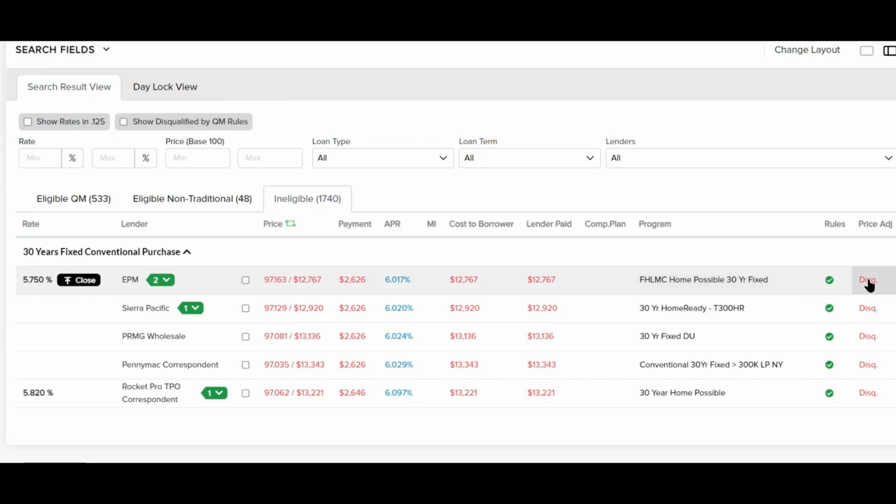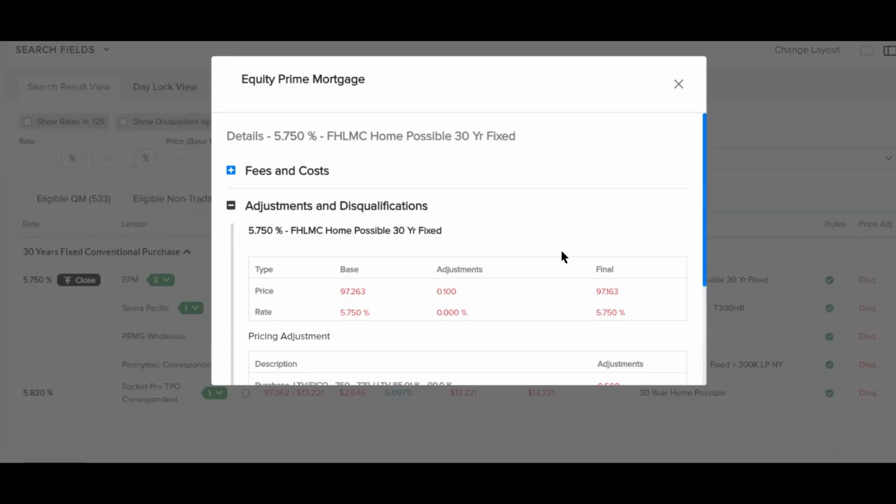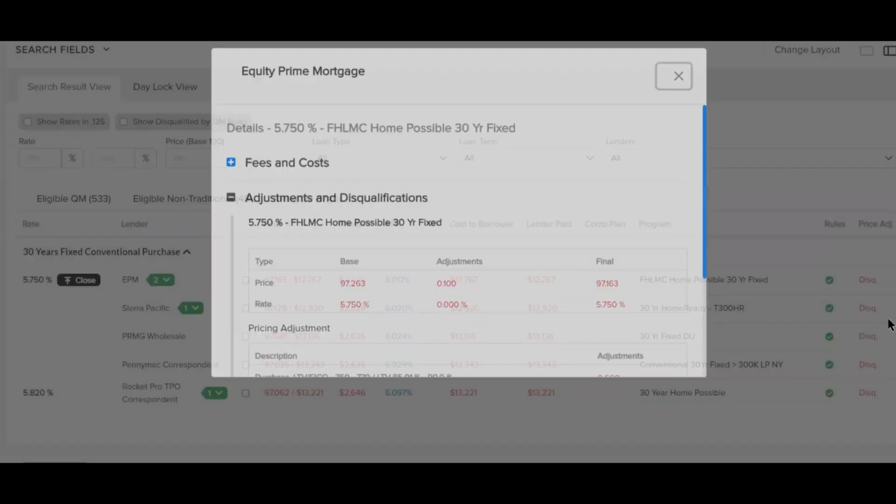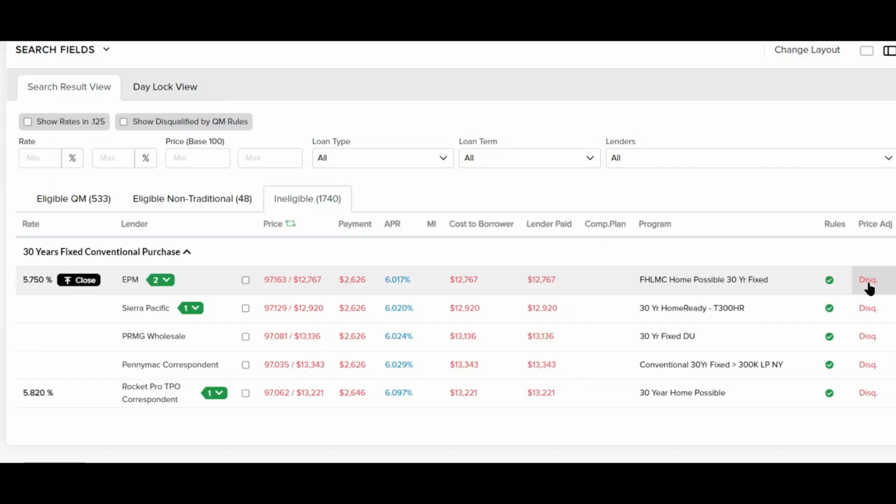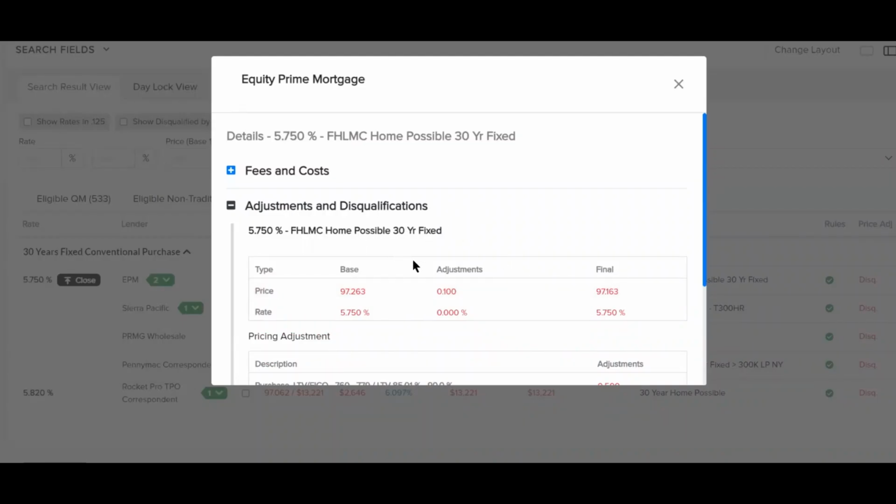Because remember with the income part of it, and again, I should have explained what I'm clicking on here. This is where you can look at where the hits are for the pricing of the loan. You can look at why it's disqualified. So if I look at this and I say, why is this Home Possible disqualified?